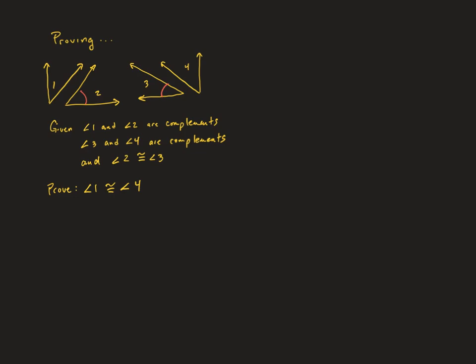All right, so I know that angle 1 plus angle 2 is equal to 90 degrees. And then I know that angle 3 plus angle 4 is equal to 90 degrees because complements, right, 90 degrees. And then in that case, I know that angle 1 plus angle 2 is equal to angle 3 plus angle 4, just by using the substitution property.